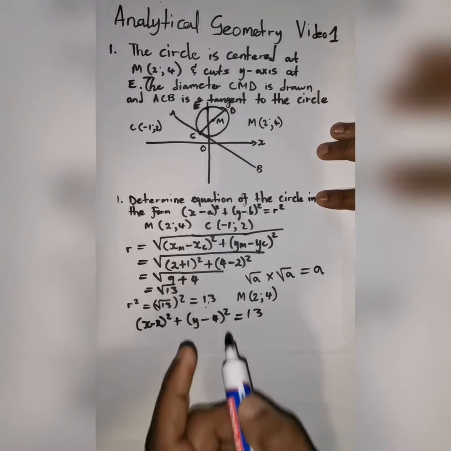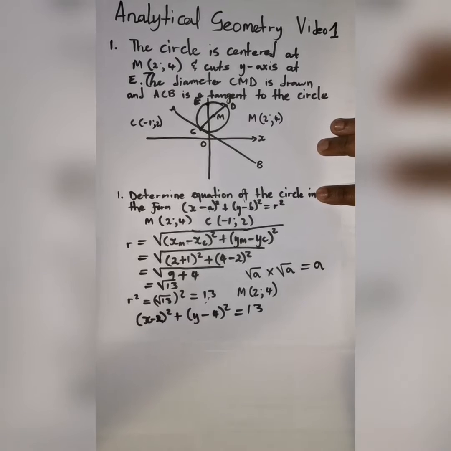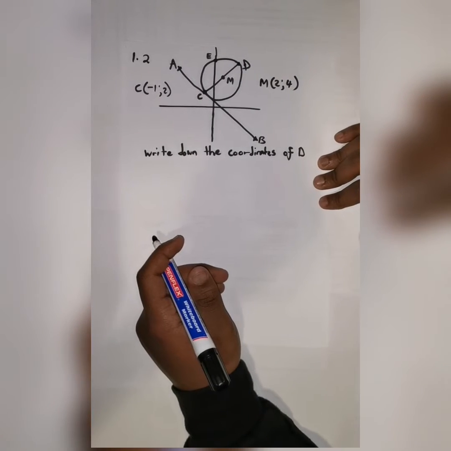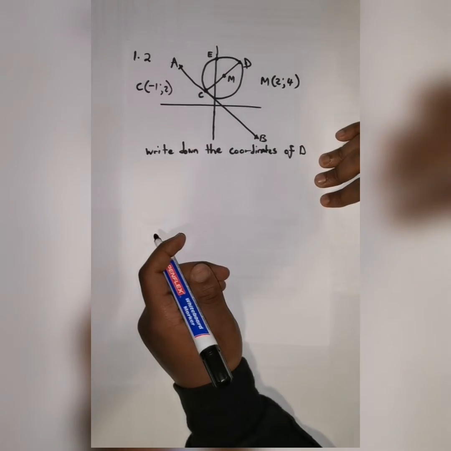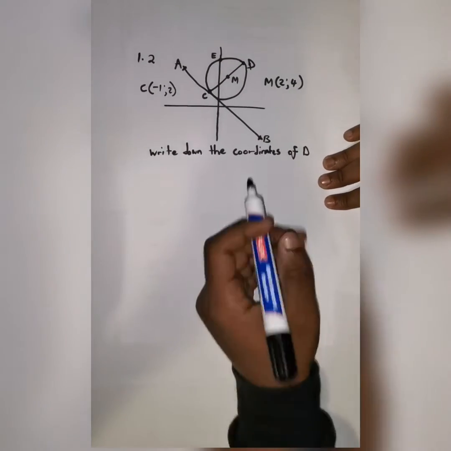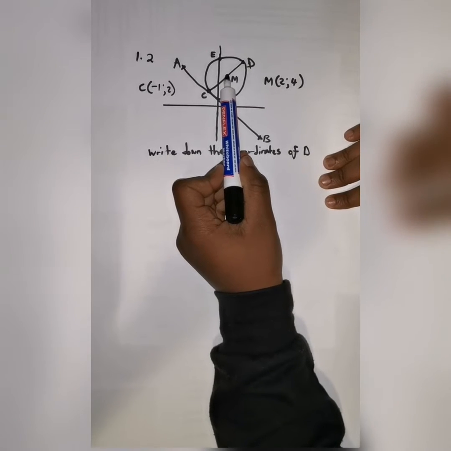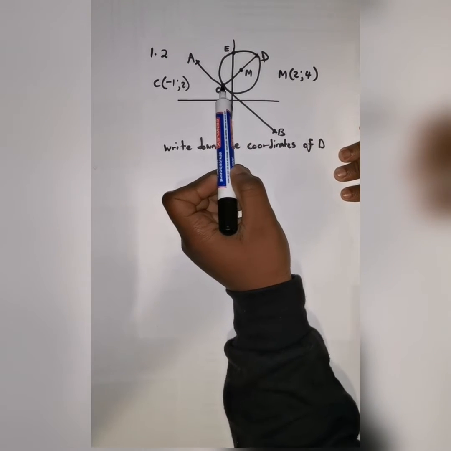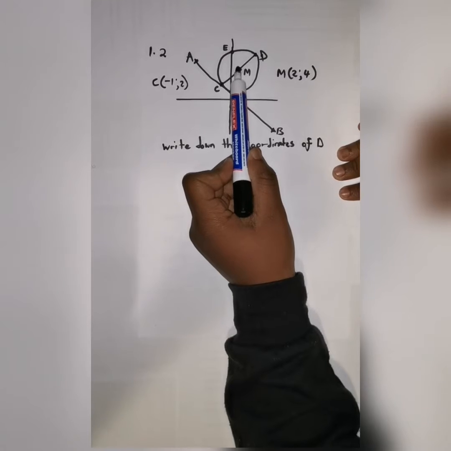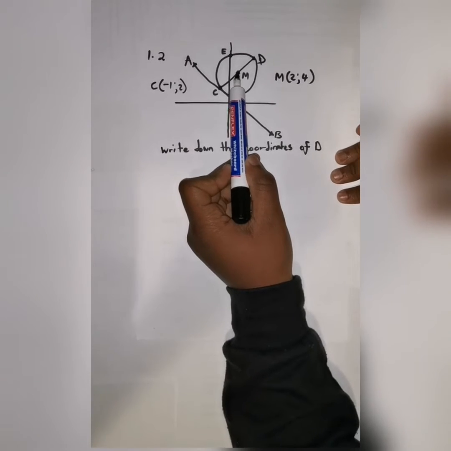So this will be all for our first question. For our second question, we're asked to write down the coordinates of D. As you can see, we have the point M and point C, and M is the center of the circle.